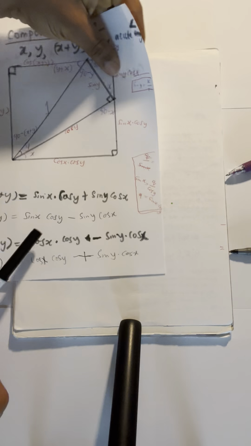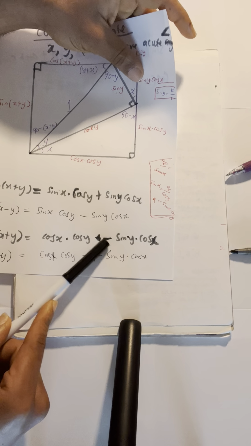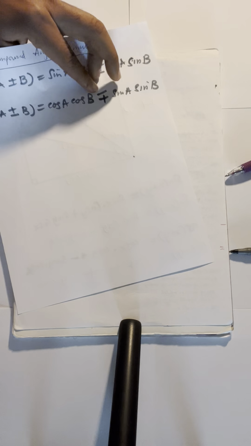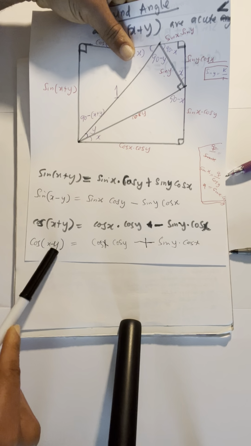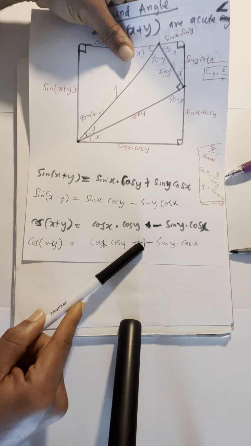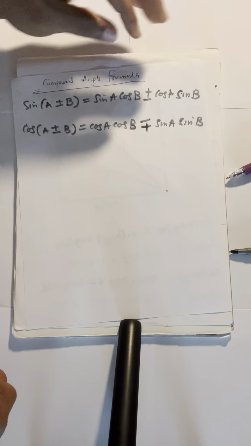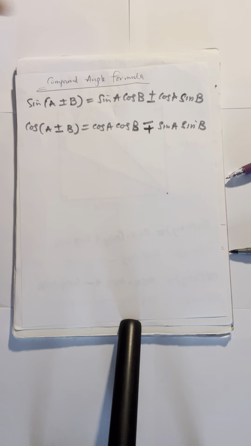For cos, when I have cos plus or minus, we would have minus. That's why I'm having minus here. And for the second one, when you have cos x minus y, you have my plus here. That's why I have plus here. So with this said, we've been able to get the identities.